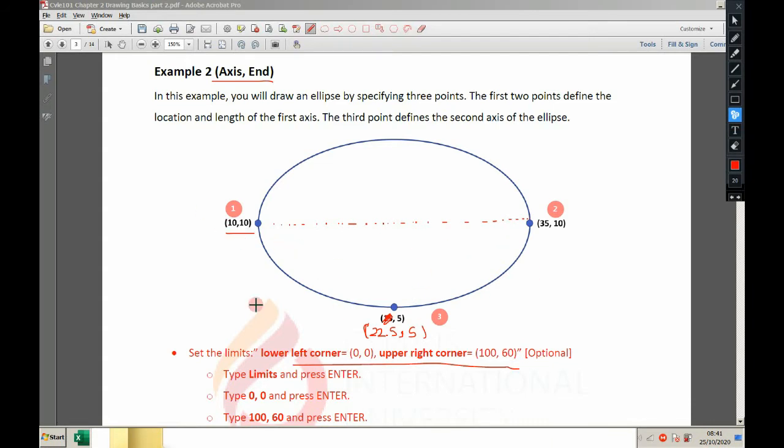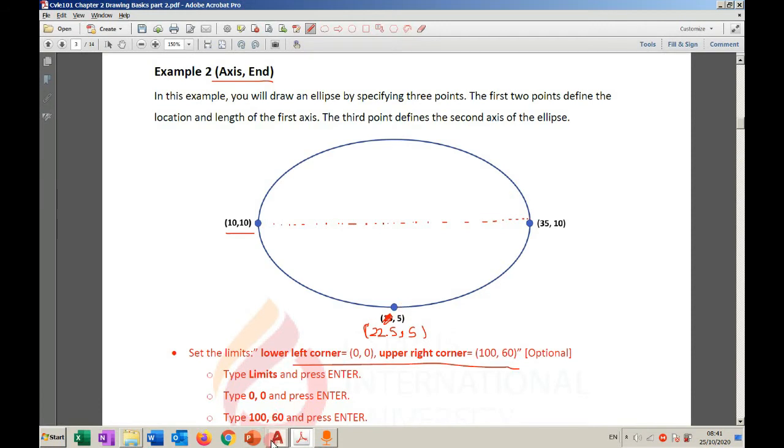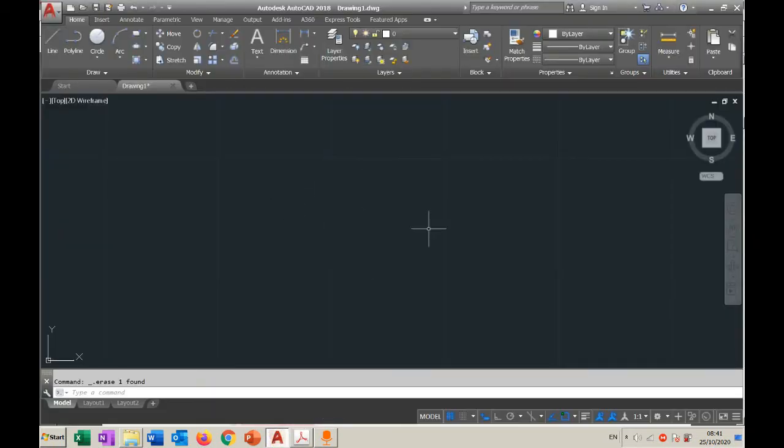What will happen if I don't follow this sequence? Now, let's say I already set up the limits. You have the limits there. Now I'm going to draw the ellipse here. We're going to start with axis end. Now, do not memorize the steps, please. Read the command line and understand it.